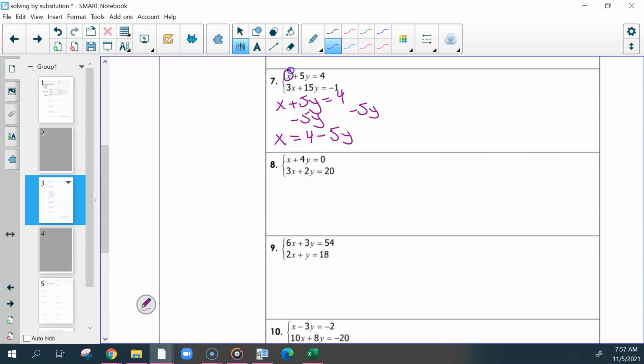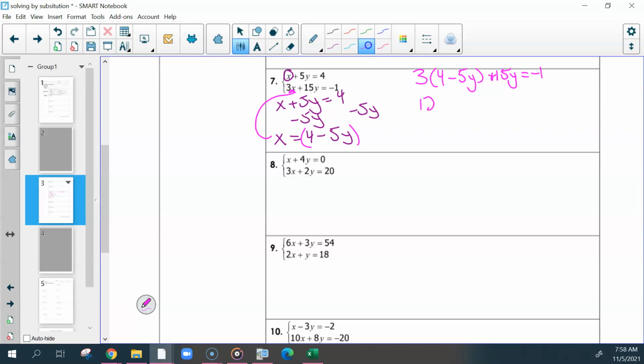And we're going to put this back into the other equation where x is. So when we rewrite that second equation, it's going to be 3 times all of this, 4 minus 5y, plus 15y equals -1. And then solve for y.